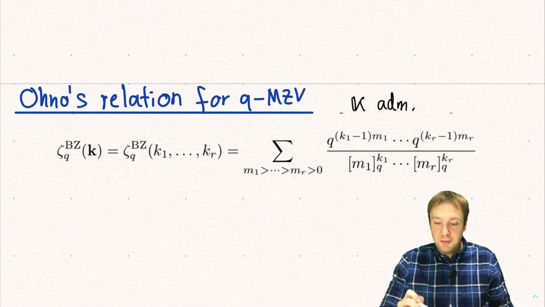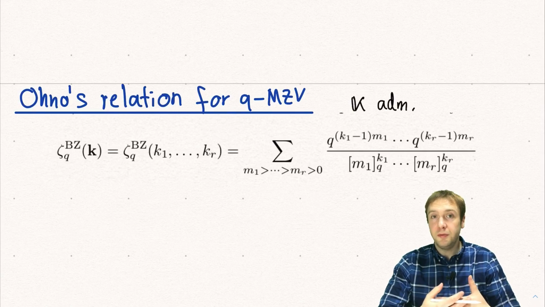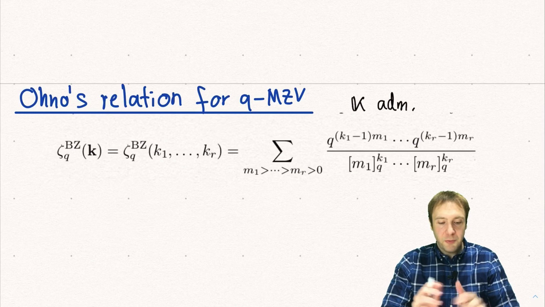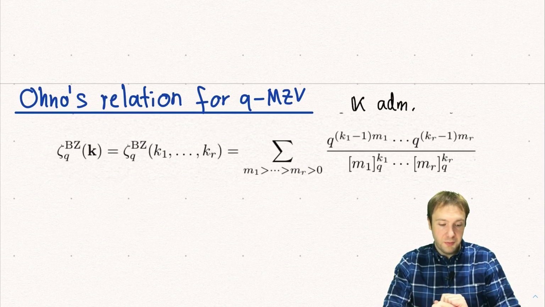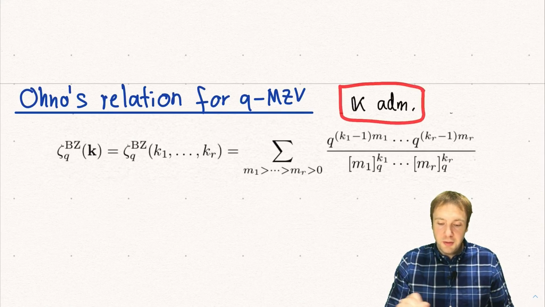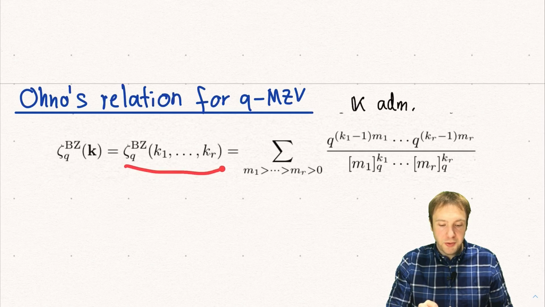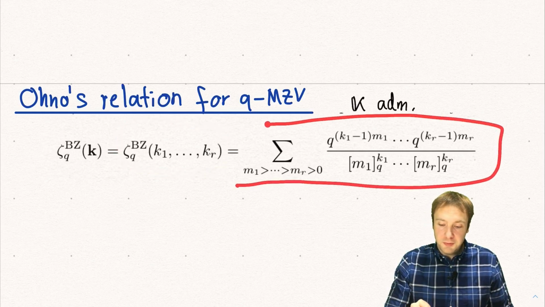We discussed different types of q-analogs, and most of the time we talked about these q-series, but we also introduced the q-multiple zeta values, this Bradley-Zhao model, which was defined for an admissible index k. We denoted it by this, and it was given by this sum here.